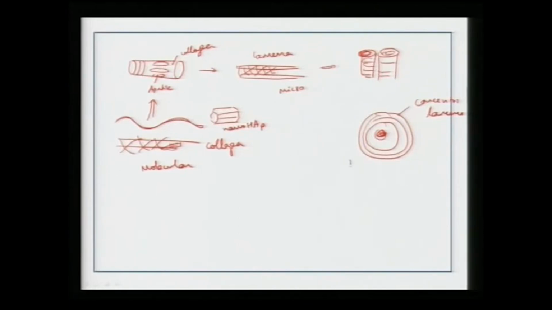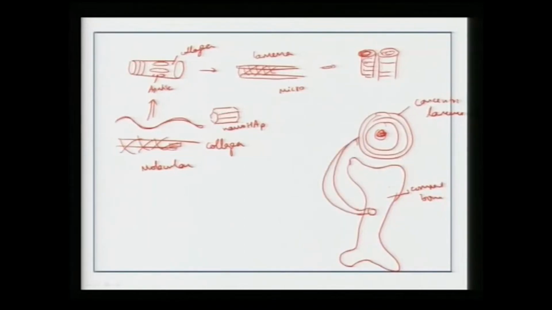compact bone. So, we can see the overall bone structure is something like this, and we can see the compact bone, then it has all these systems which are composed of this Haversian canal system. So, we can see that generally the bone is composed mainly of certain lamellae.